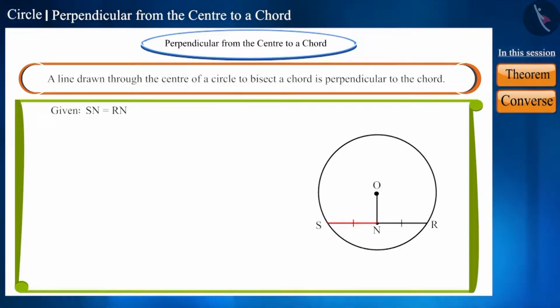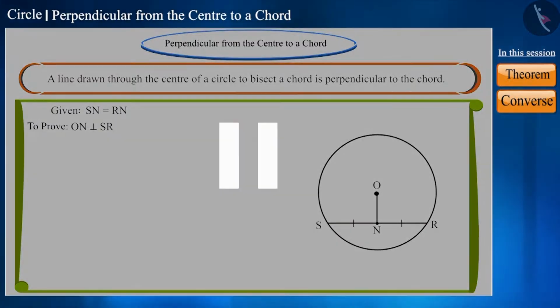This means here SN and RN are equal, and this is given to us. We have to prove that line segment ON is perpendicular to side SR. Friends, for this we have to prove that angle ONS and angle ONR measure 90 degrees.